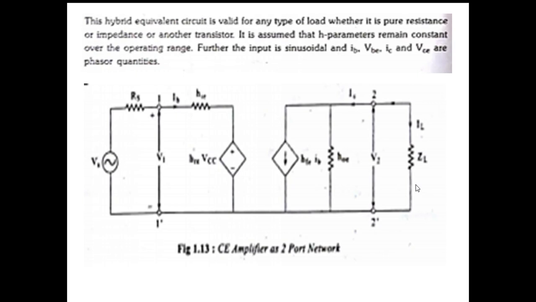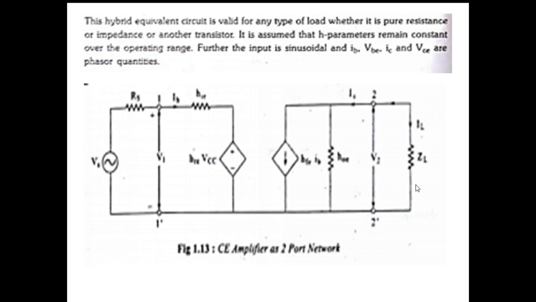The four H parameters we have defined are input impedance HIE, HRE, HFE, HOE. For this common emitter, these hybrid parameters remain constant. These values are constant over an operating point.